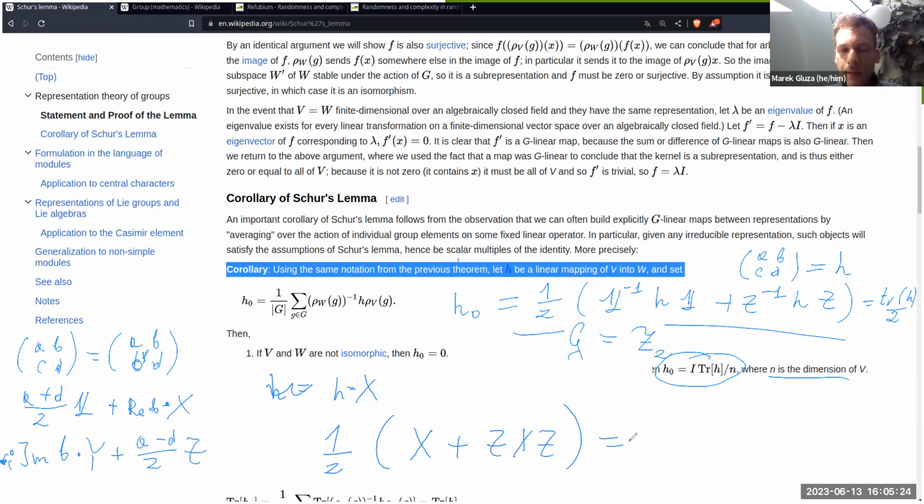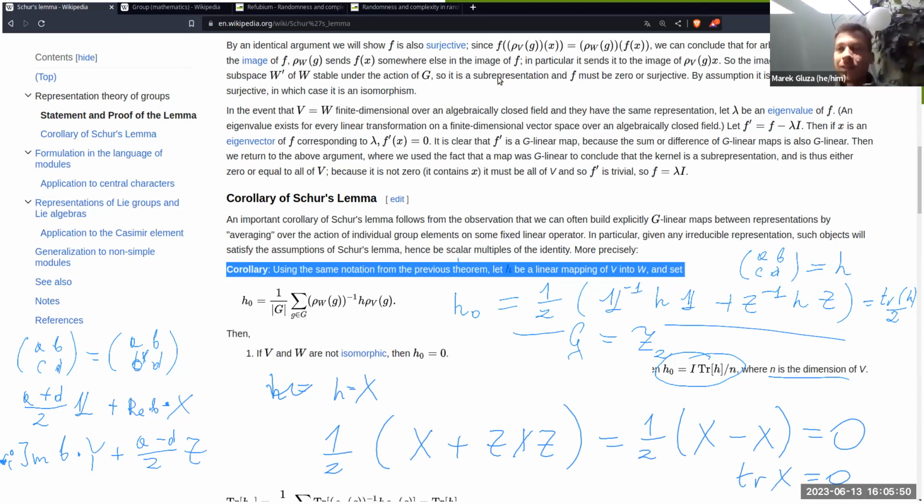So what am I getting? Z times X times Z is actually, we can check in a moment, 1/2 X minus X, and it gives me 0. Okay. And why is it 0? Because I can check that the trace of the X matrix is 0. Okay. So this is maybe more or less correct.